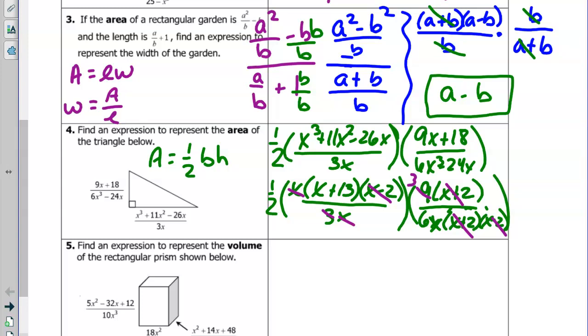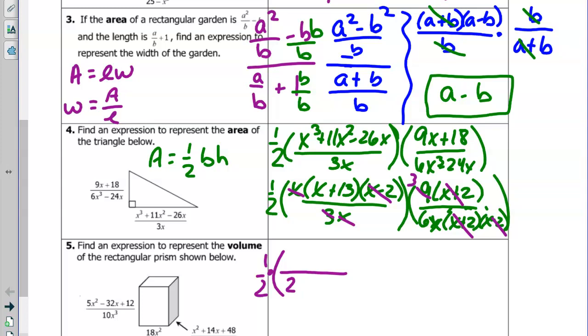Which x's did you take out? 3 and 6. Yeah, 3 over 6 would reduce to 1 half. 1 half out here. And then what's left at the top?